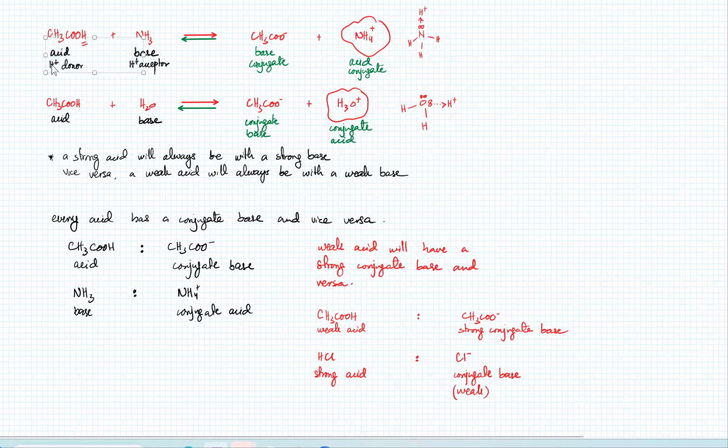If this loses H+, the other one also gains H+, so they're going to behave in quite similar ways. Then I told you about pairs: you got an acid, it's going to have a conjugate base. You got a base, it's going to have a conjugate acid. And then I told you that they're opposites. You got a weak acid, the conjugate base is strong. You got a strong acid, that means the conjugate base is weak. Okay? Is that clear? Yep, it's clear.